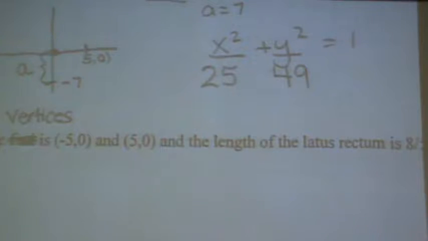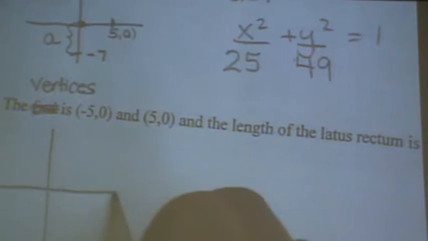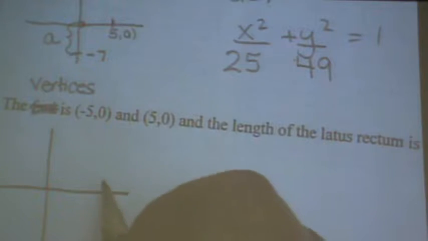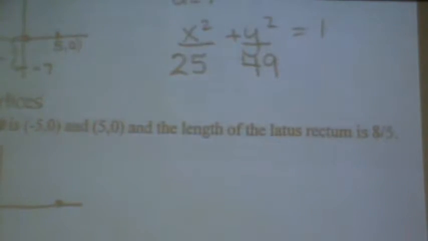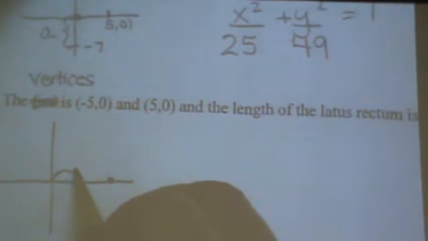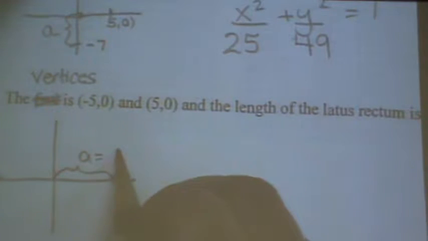Next one, number 3. It says the vertices, it's not foci, it's vertices. The vertices are negative 5, 0 and 5, 0. And the length of the latus rectum is 8/5. So what do you know that A is? If this is a vertex, A is 5.